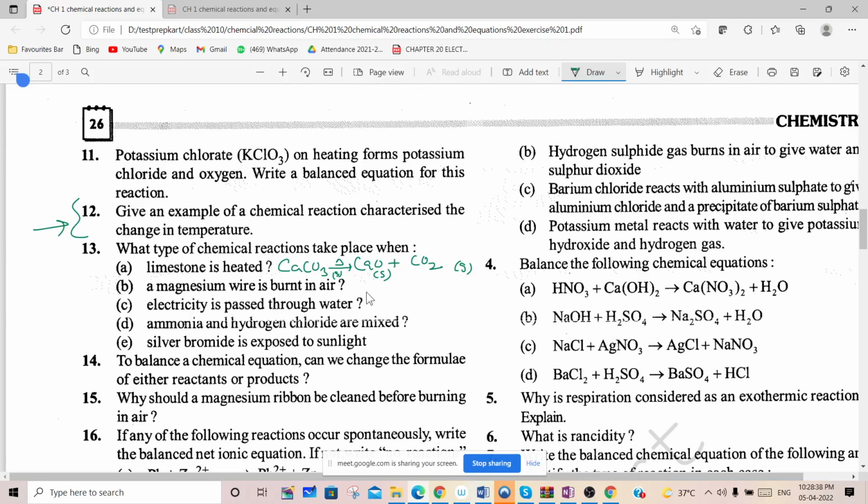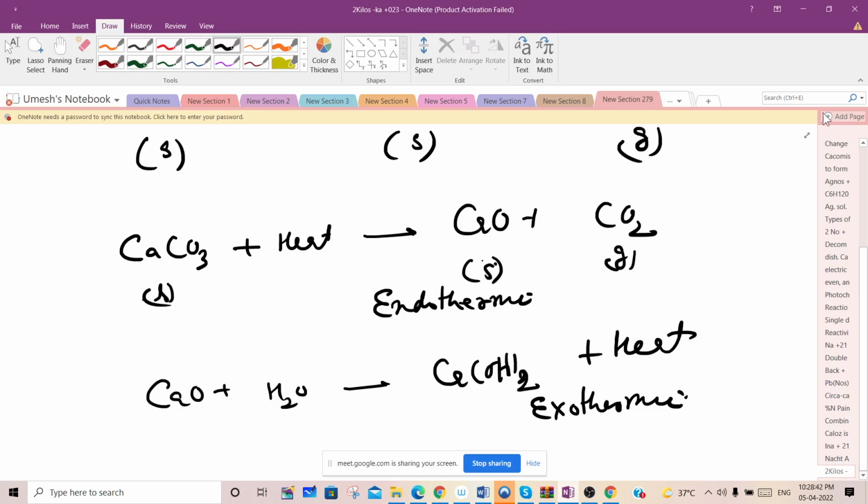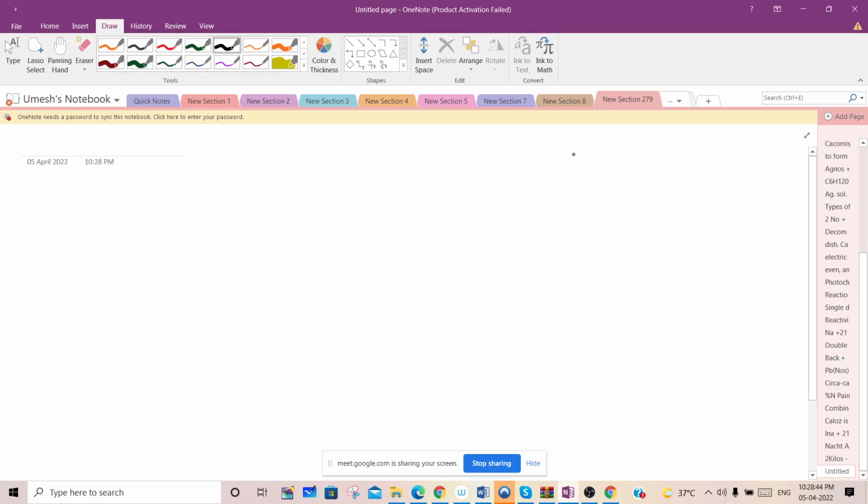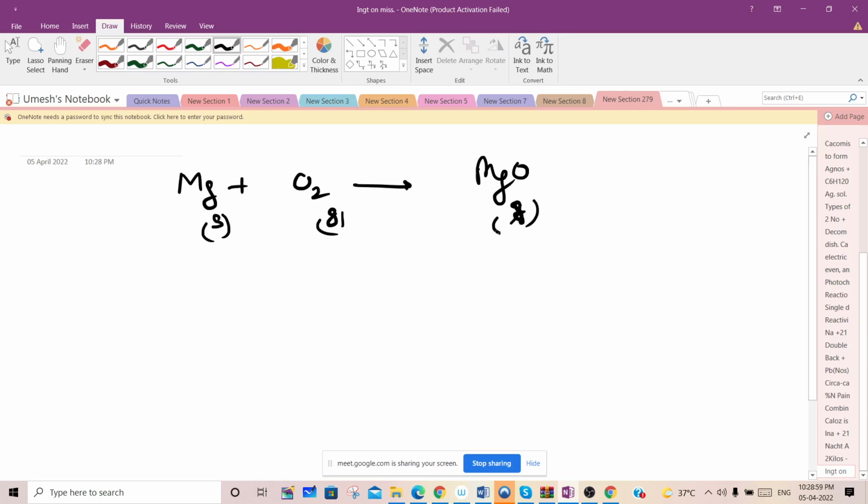Magnesium wire is burnt in air. Write a chemical equation. Mg plus O2 gives MgO. It is solid, oxygen is gas. Okay.